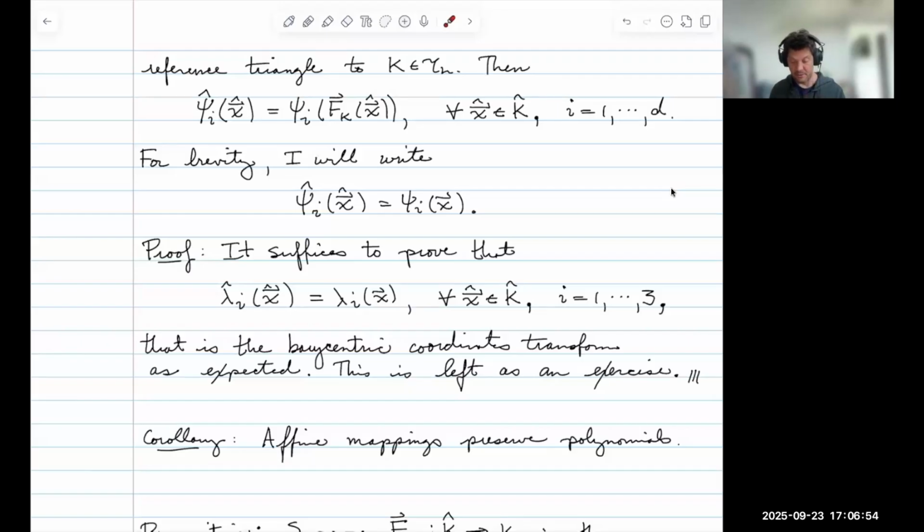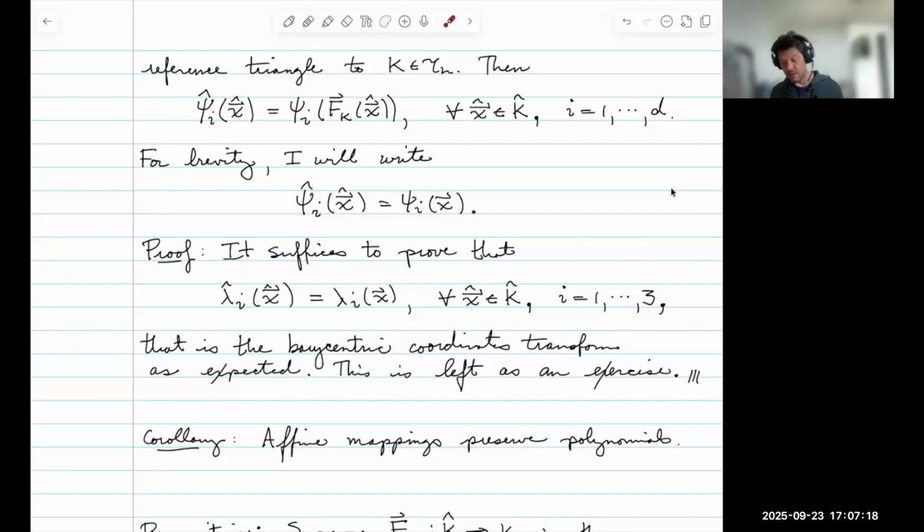We gave the formulas for r equals 1 and r equals 2. Then I claim it suffices to simply show that the barycentric coordinates transform according to the same rule.